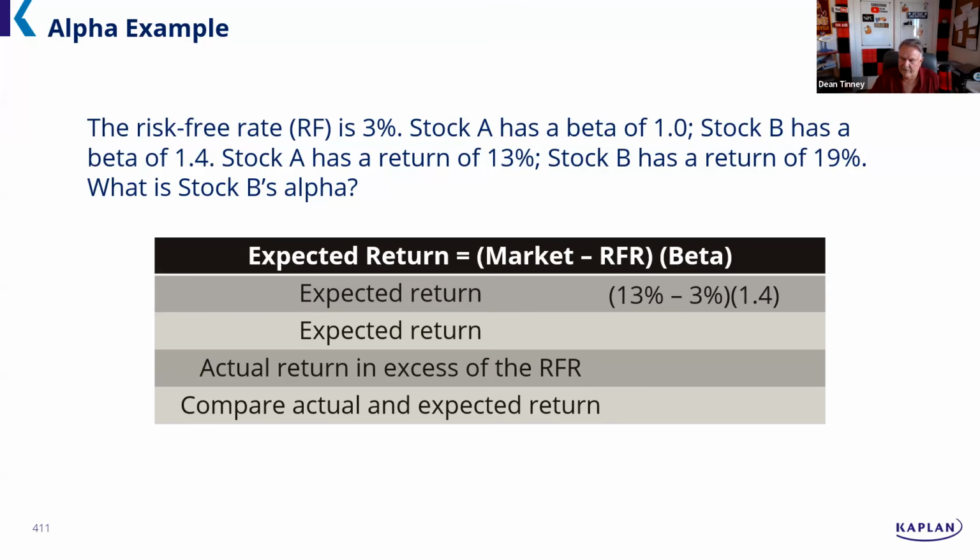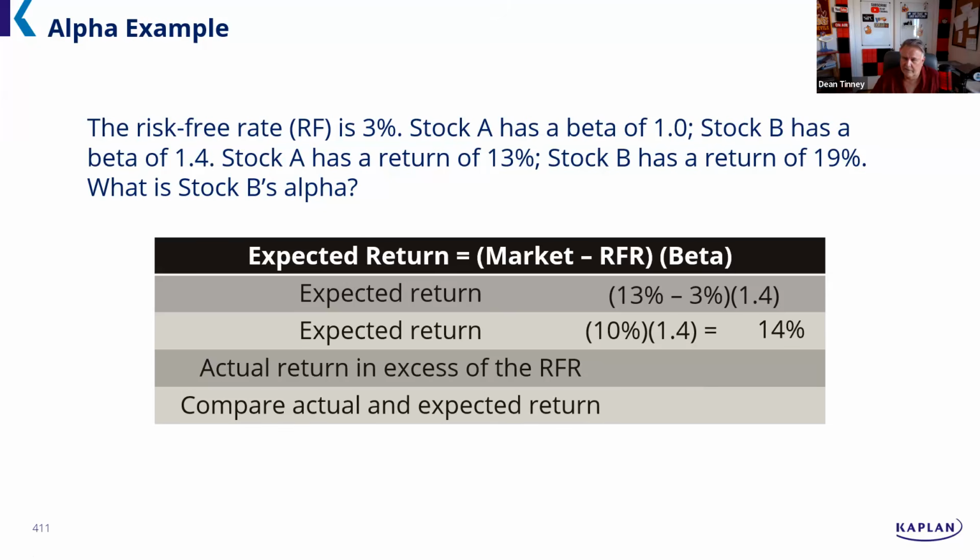The reason we're minusing out the 3% is because that's what we could have got without doing anything. So what we really got from the market is not 13. We got 10, because we could have got 3 without messing around. In terms of math, we always do parentheses first, right? So we take the 13 minus the 3, and we get 10. And boom, now the expected return was 14%.